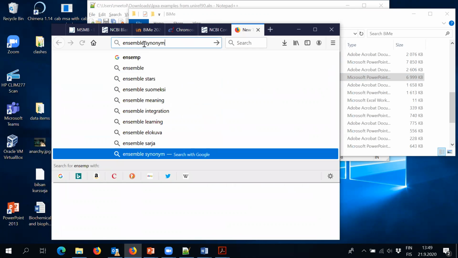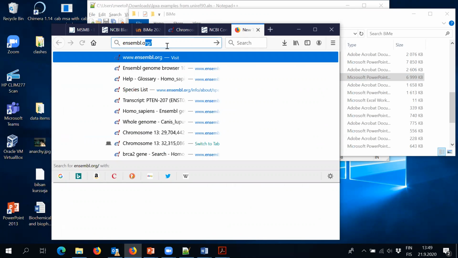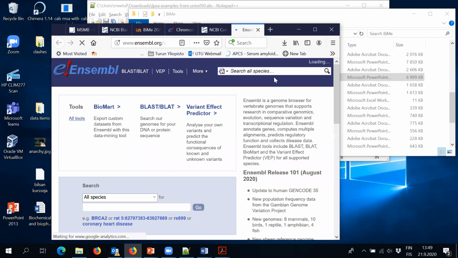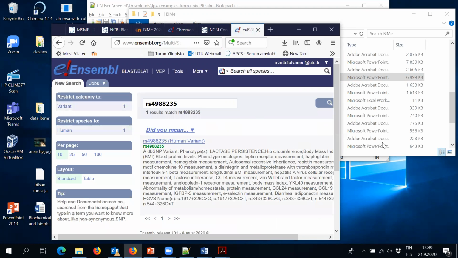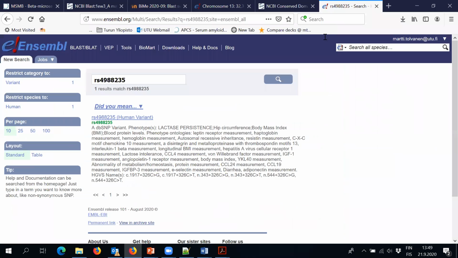I'm going to shortcut and I'll be looking for just the variant code.